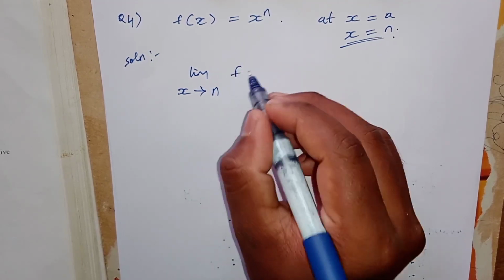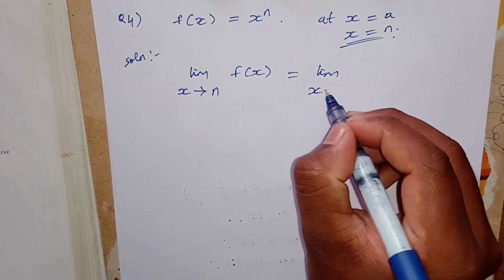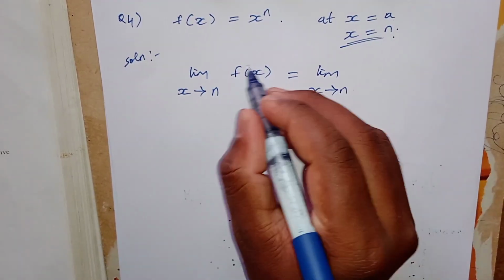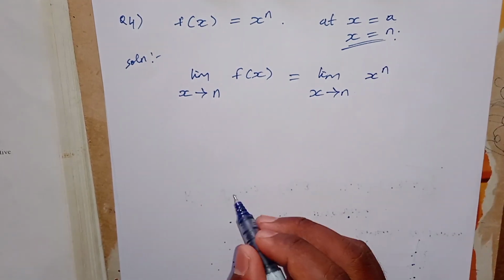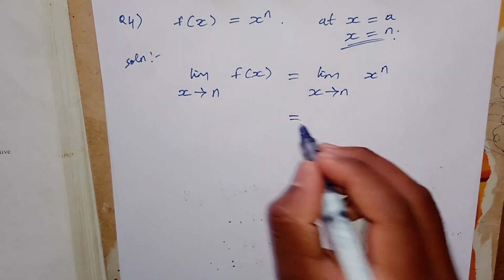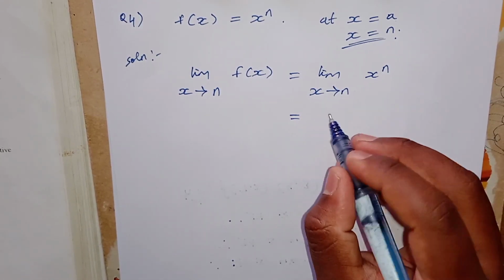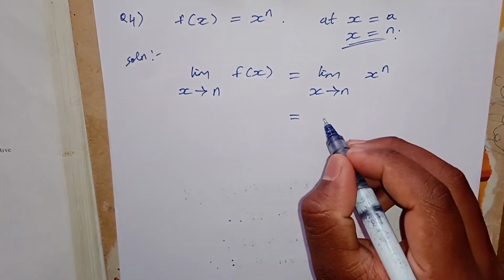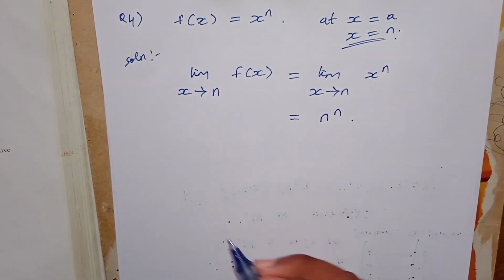Therefore f of x, again limit x tends to n. My function f of x is nothing but x power n. Okay, therefore here while applying the limit you should remove the limit, only substitute the value in x, therefore n power n.